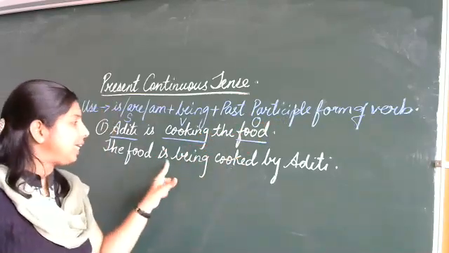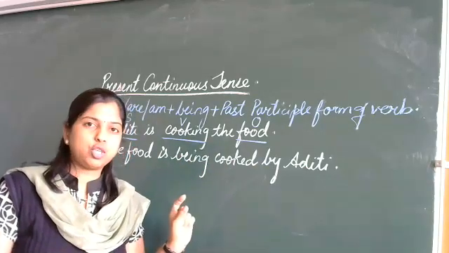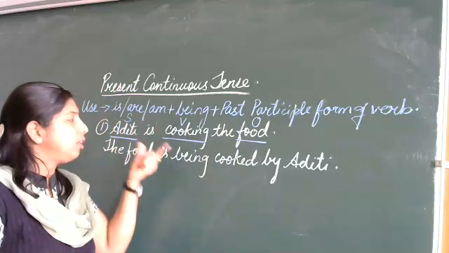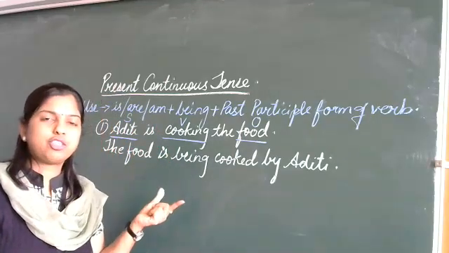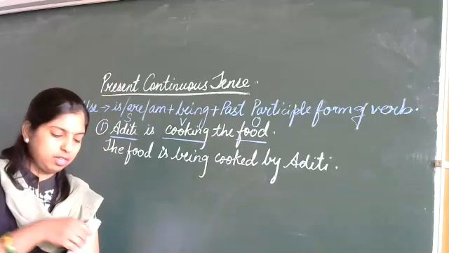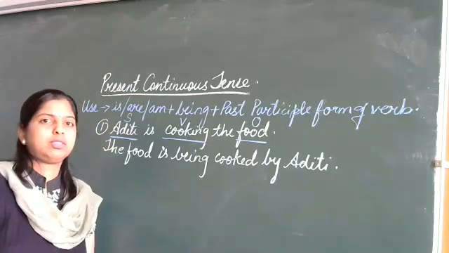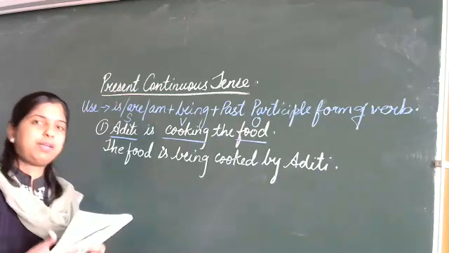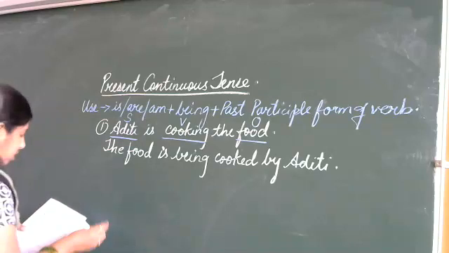So the food is being cooked by Aditi. Understood what changes we made and what words we used in the sentence? Yes, children? Yes, ma'am. Have you not followed? Shall we go to one more example? Yes, ma'am.